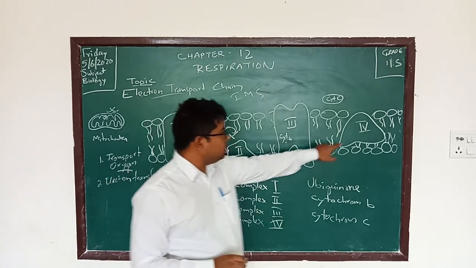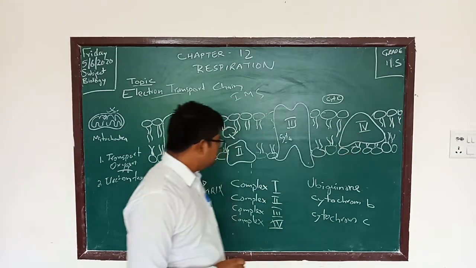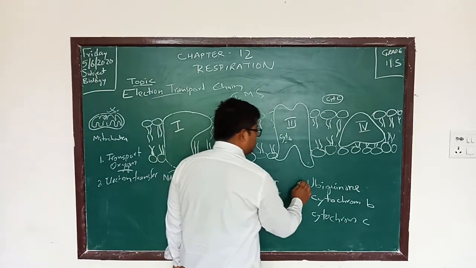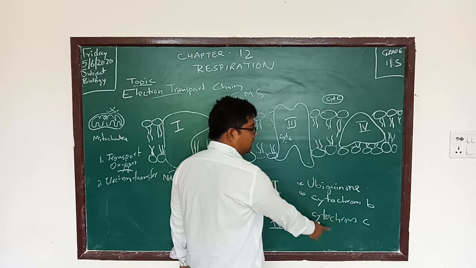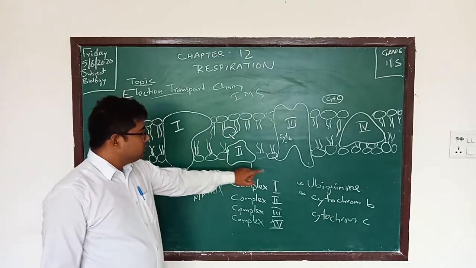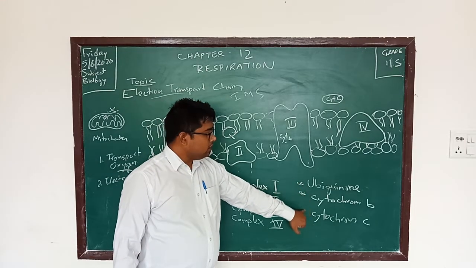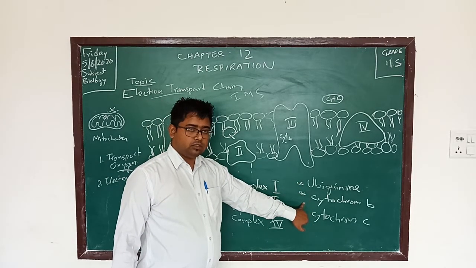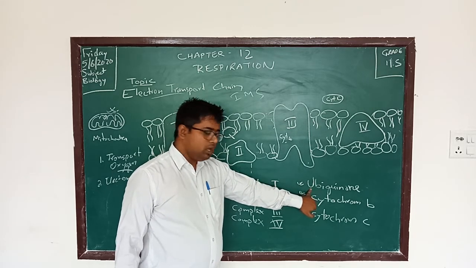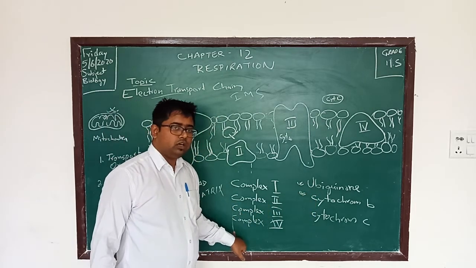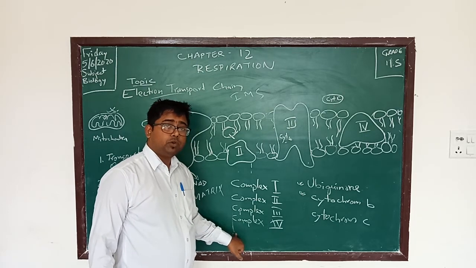Complex number 4 comes last. At the same time, we need to consider a few more molecules: ubiquinol, cytochrome B and cytochrome C. Cytochromes are electron carriers. Ubiquinol is also an electron carrier. But these complexes are the proteins.